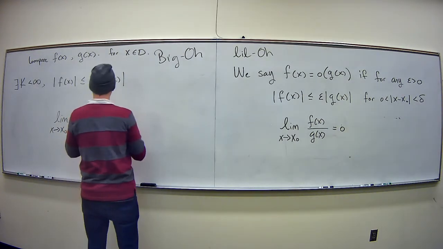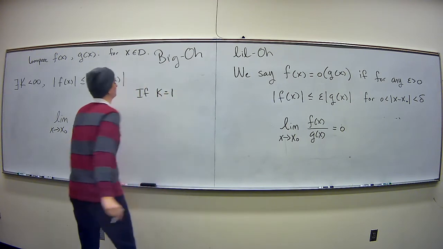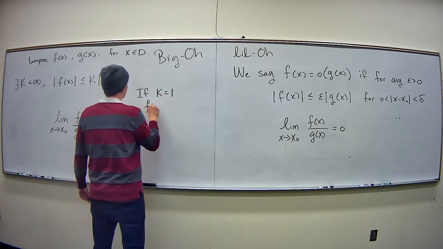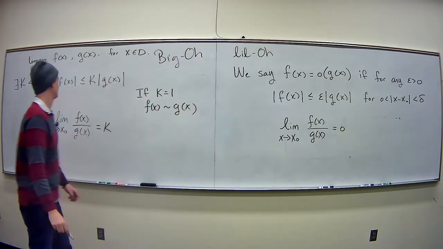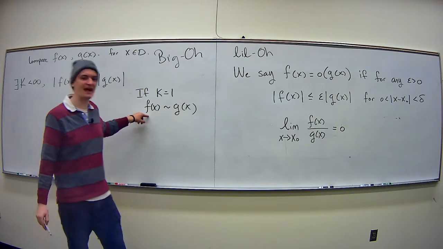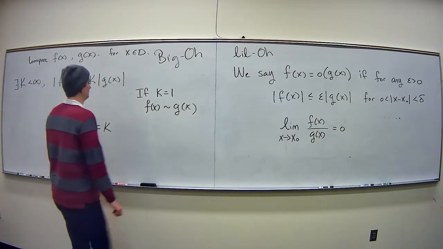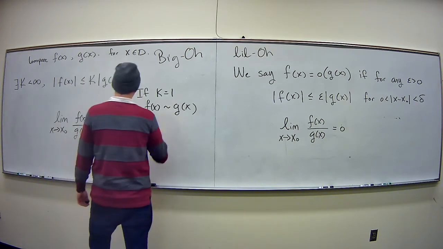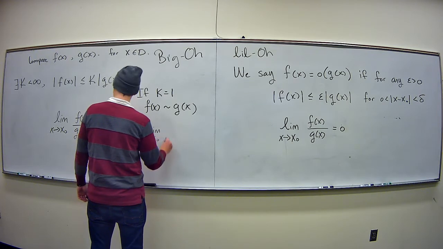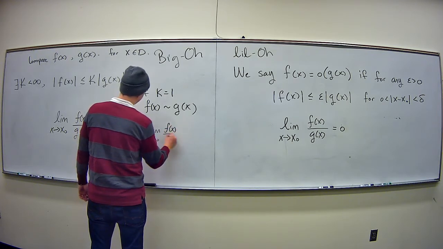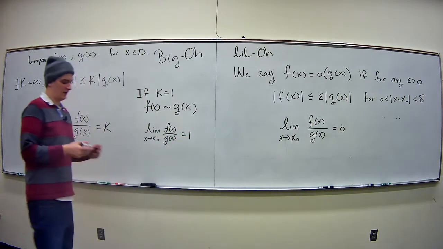So if k is equal to 1, then you have this shorthand of this. If k is equal to 1, we say that the function f is asymptotically equivalent to g. So this definition has this special other meaning, equal to 1.